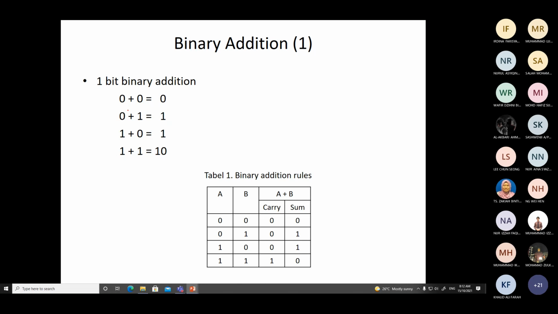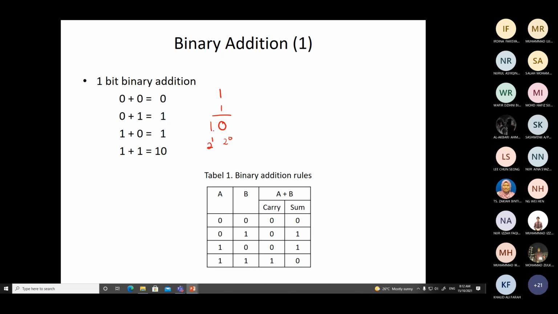And then 0 plus 1 is 1, and then 1 plus 0 is 1. But when we have extra bits, such as 1 plus 1, it is basically 2. So if it's 2, you will have 0, which is 2 power of 0, and then 1 is 2 power of 1.